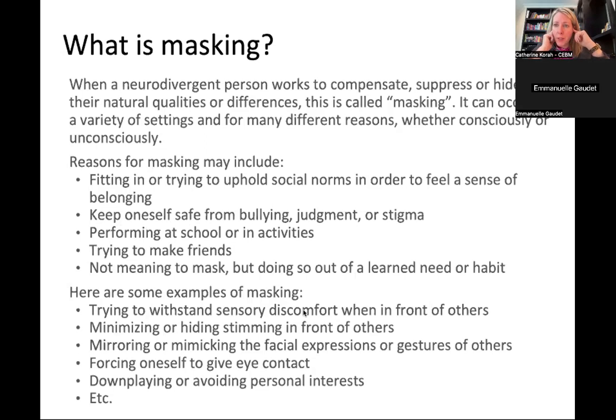So for example, auditory discomfort or visual discomfort, that the child or the teen won't disclose in front of others to not feel like they're different, or they will minimize or hide their stimming in front of others, or they will mirror or mimic the facial expressions or gestures of others because they think that that's what's expected, or they will force themselves to give eye contact because that's what they think they should be doing, or they will downplay or avoid their personal interests because they've felt or understood that other people are fed up of their repeated interests and so forth.